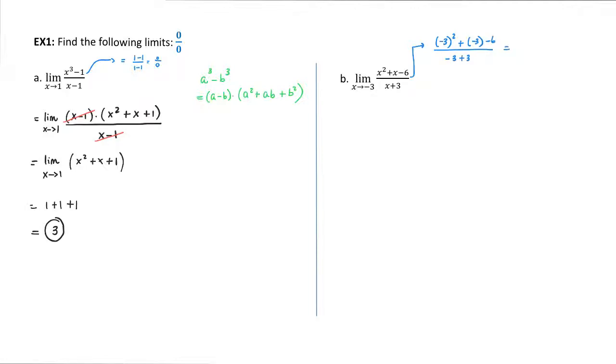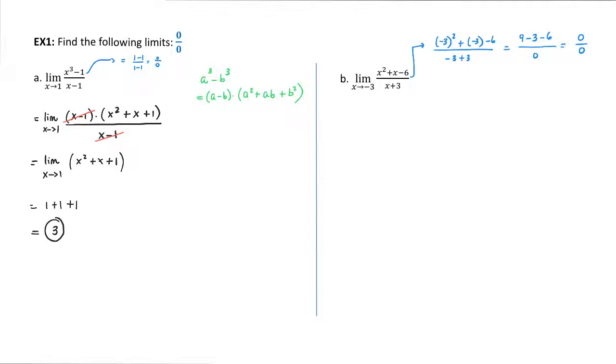This is going to be 9 minus 3 minus 6 over 0. And then 9 minus 3 happens to be 6. 6 minus 6 is going to be 0 over 0. And I go, indeterminate case.